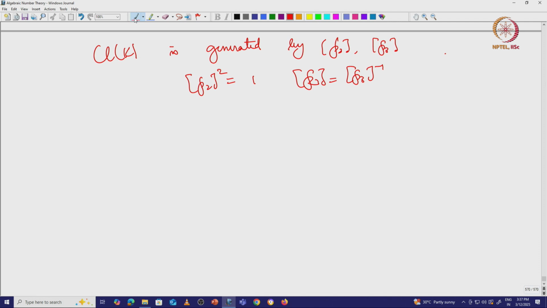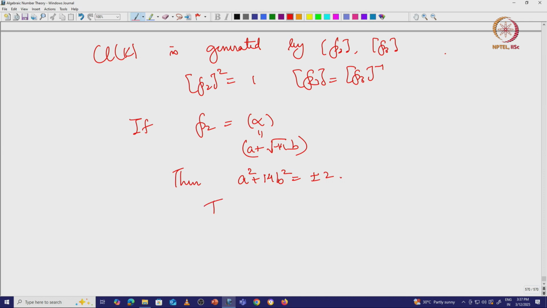And then I can ask whether P_2 is principal. If P_2 is generated by alpha of the form a plus b square root of minus 14, then a squared plus 14 b squared is equal to plus or minus 2, and this has no solutions.